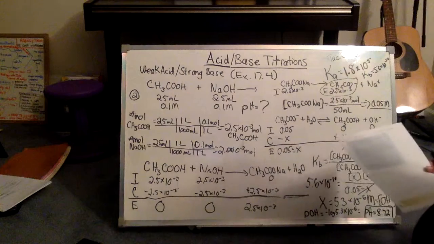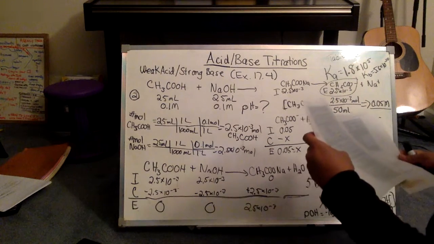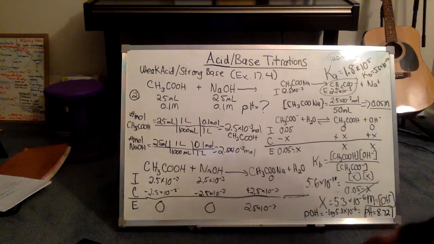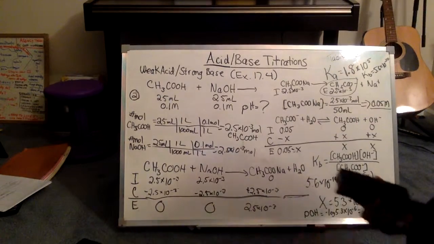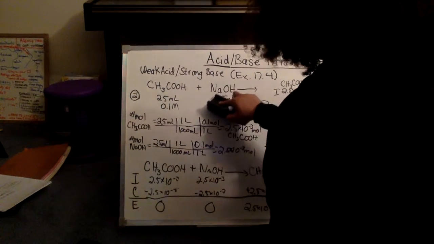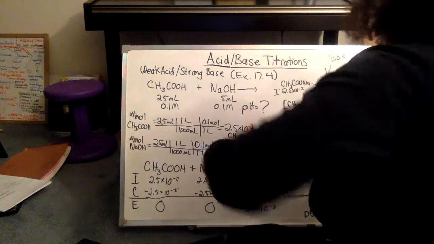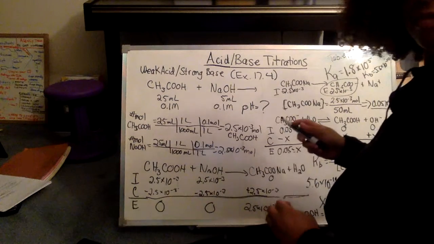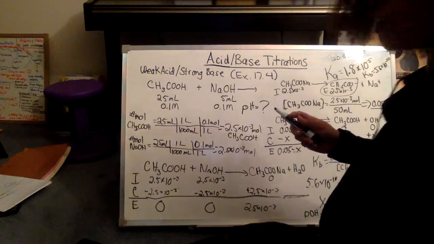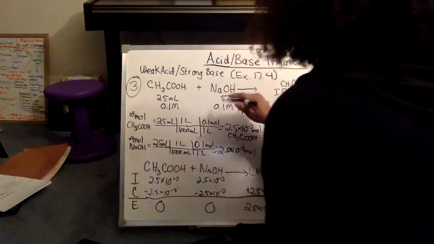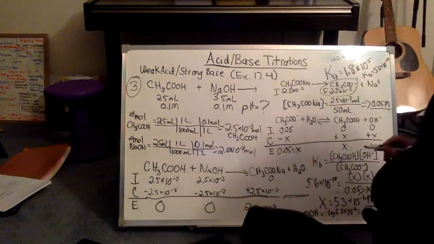The last example and final example of the day is if we add more base than we have acid again. So that changes this. This is scenario 3. Making sure I'm still taping. Okay, 3 to 35.